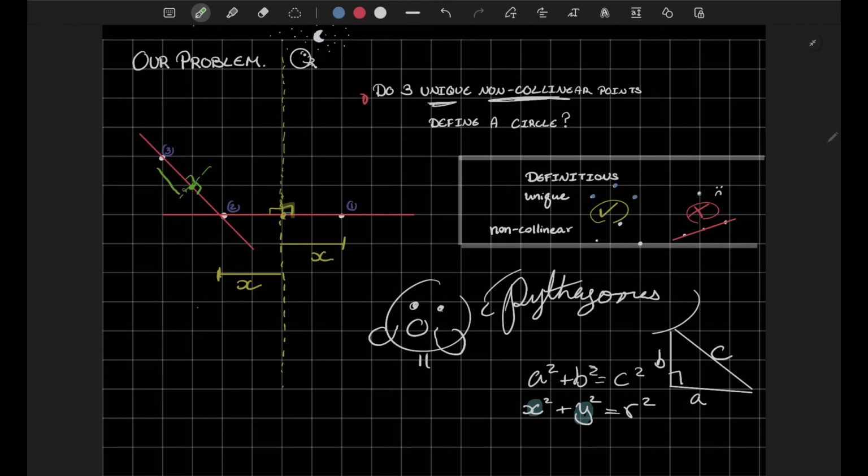So we have some distance x hat, so it's going to be different than x, it doesn't have to be the same because we're not giving point 3 any particular placement.